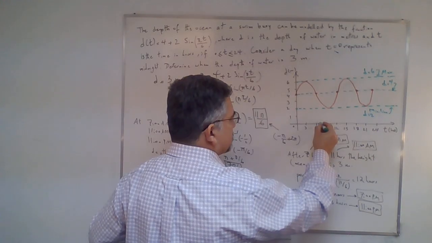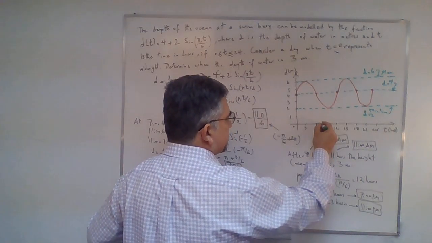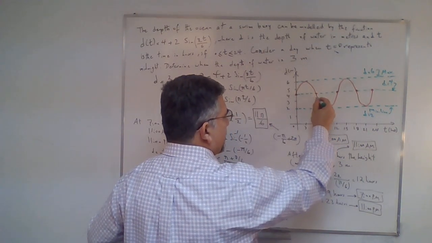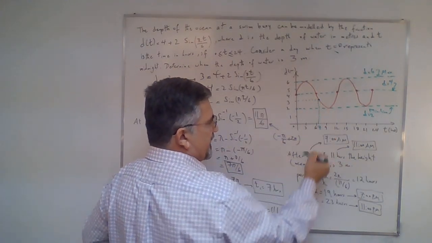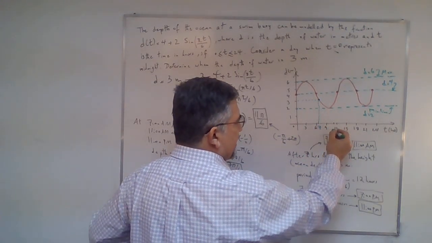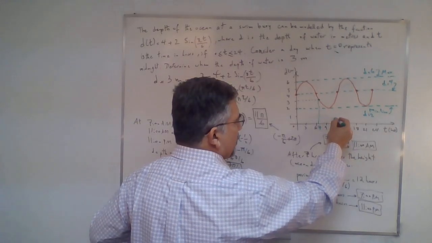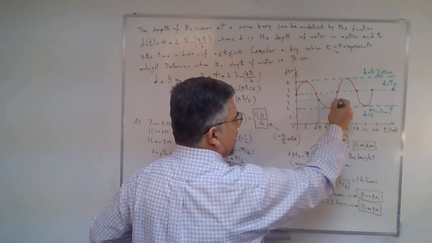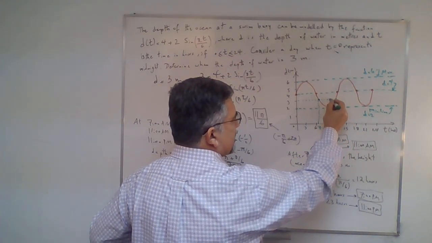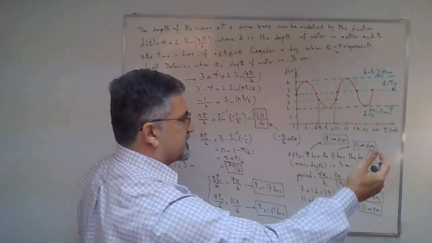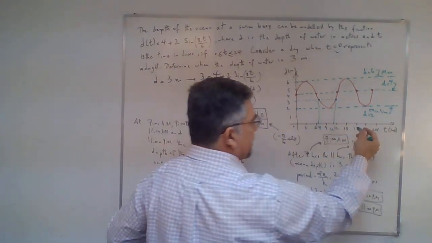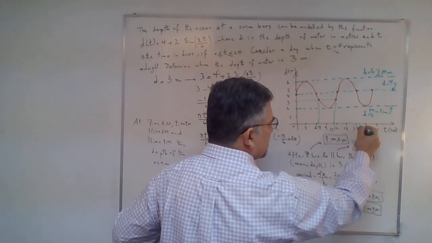So this is 7 a.m. And we see exactly the height is 3 meters at 7 a.m. And then at 11 a.m., which is right here, one more time, we see that exactly the depth is 3 meters. And this happens again in the next cycle. We said at 7 p.m., which is 19 actually.